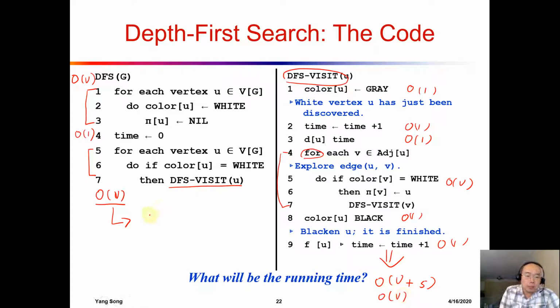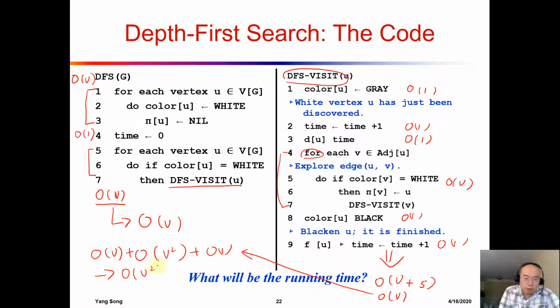So this means if we move this O(V) to here, and this is an O(V) inside another O(V), we will have O(V squared), and then plus O(1), and then here we also have an O(V), right? So O(V) plus O(V squared), and then plus O(1), so this will give us O(V squared).